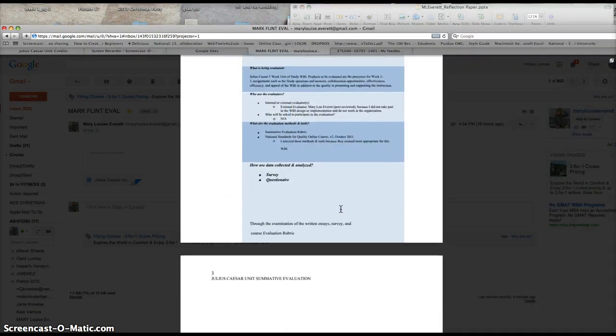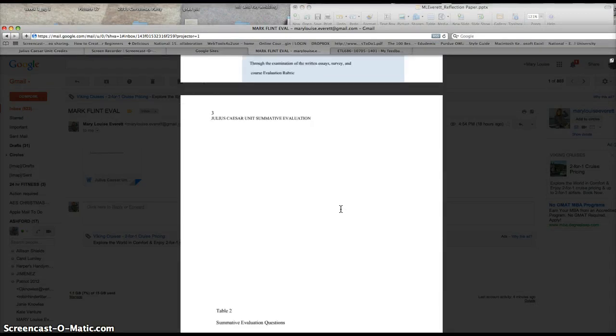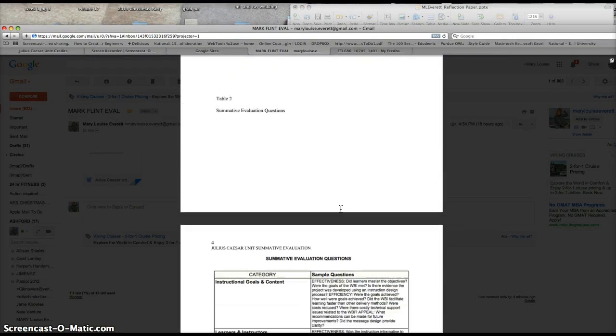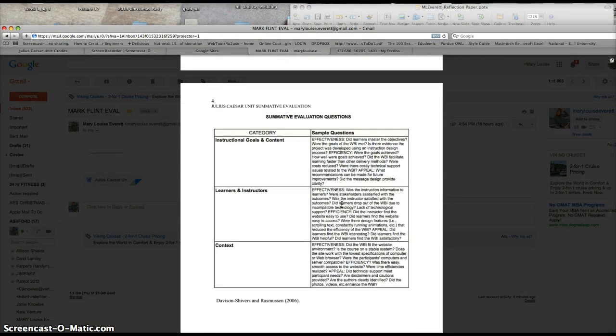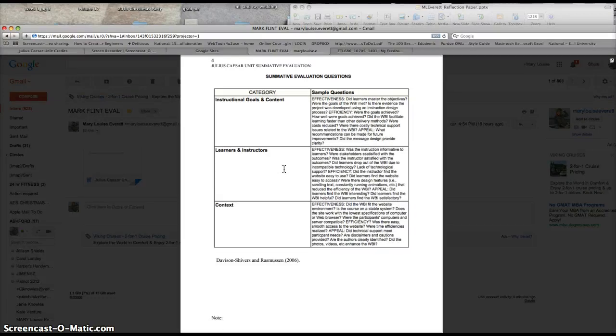After I did the summative evaluation plan, I actually went into what questions I would be evaluating to help me accomplish this. And these were effective sample questions that I used that identified the instructional goals and content, learners and instructors, and context.